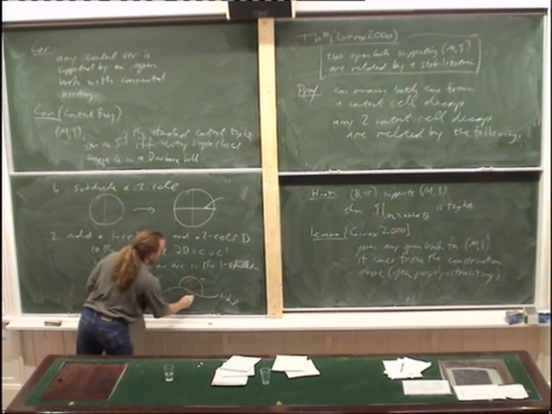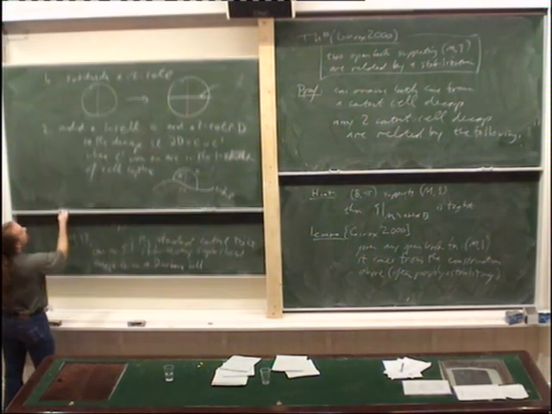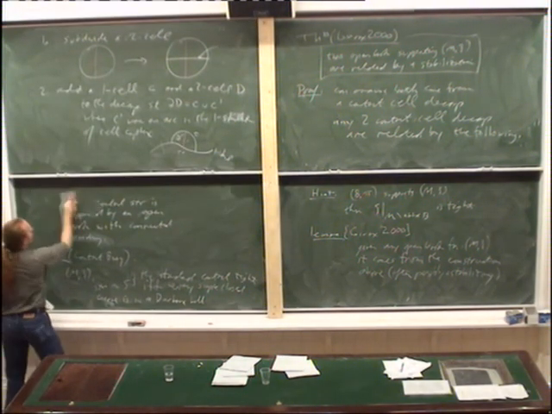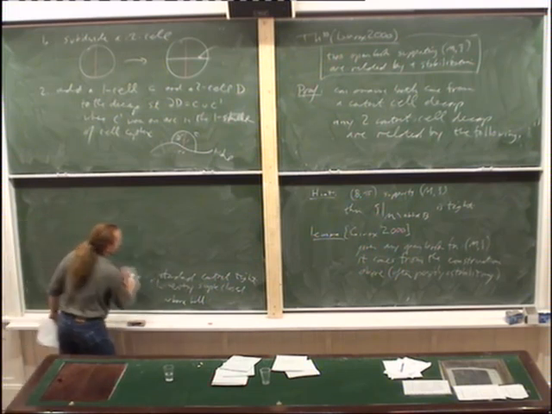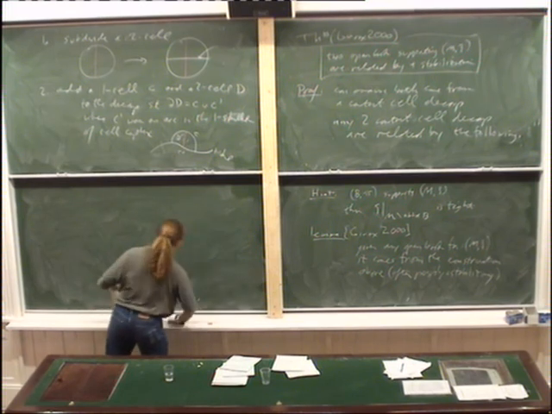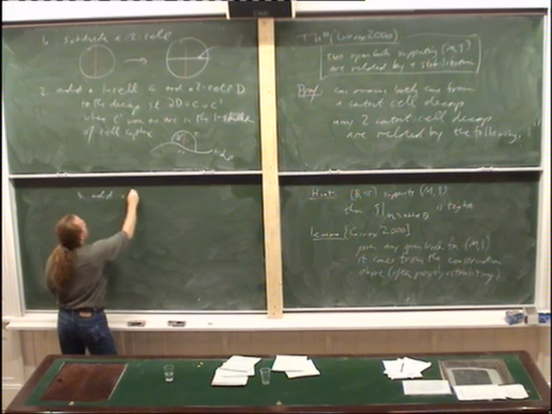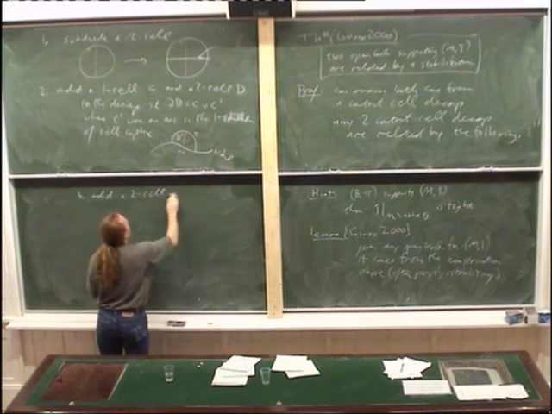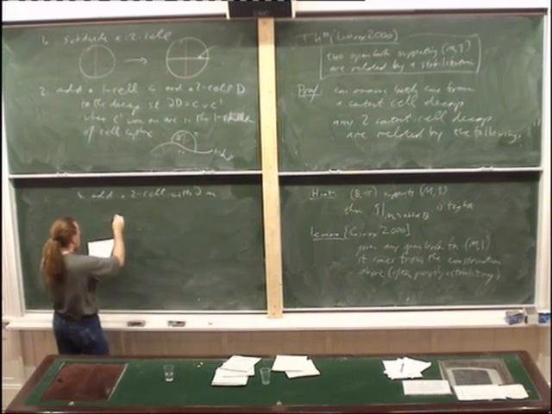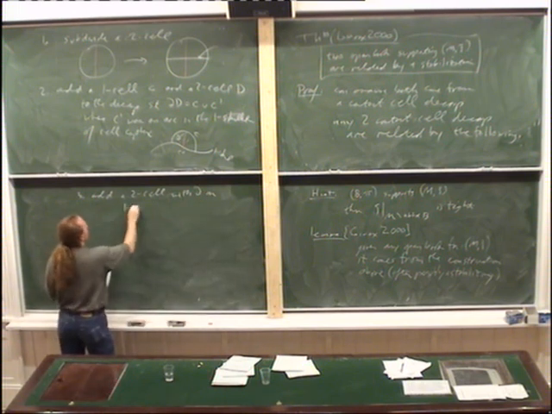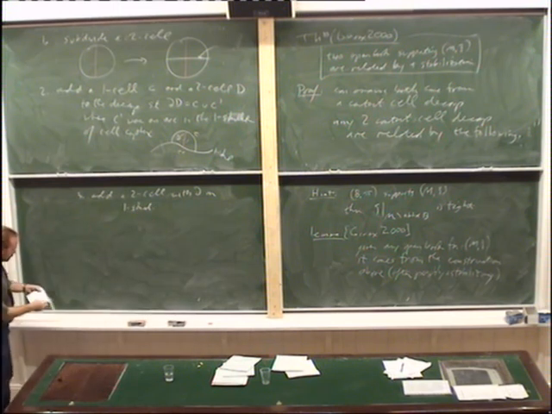So there's C, here's C prime, and that's D. Okay? And lastly, move 3: add a 2 cell with boundary on the one skeleton. Okay, so that's what you do.